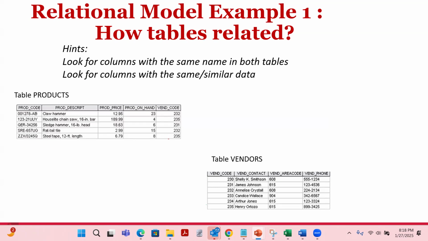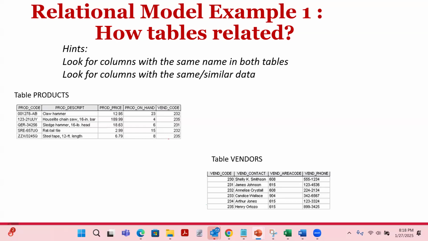This example is going to help you to work on problem one from homework one. So let's look first at columns with the same name in both tables, and then see if the data type in those columns is going to be similar.